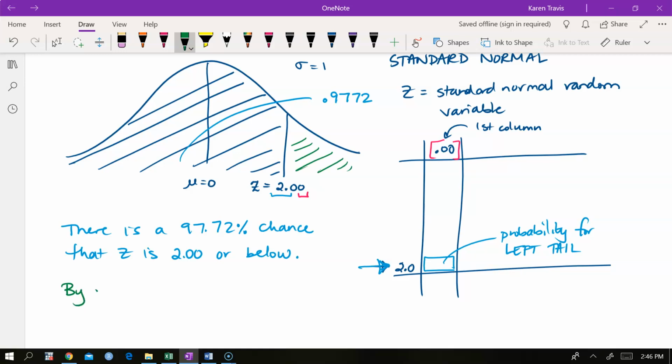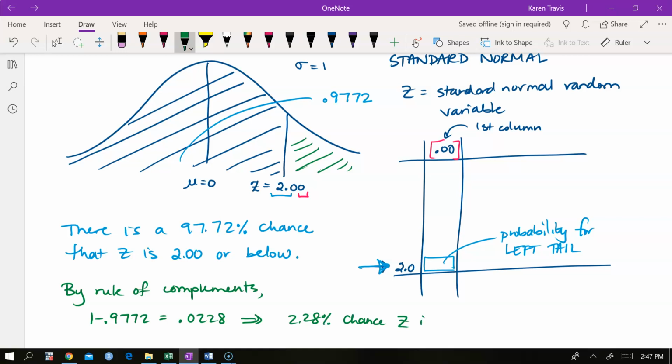So by rule of complements, 1 minus that chance is equal to 0.0228. So there is a 2.28% chance Z is 2.00 or more.